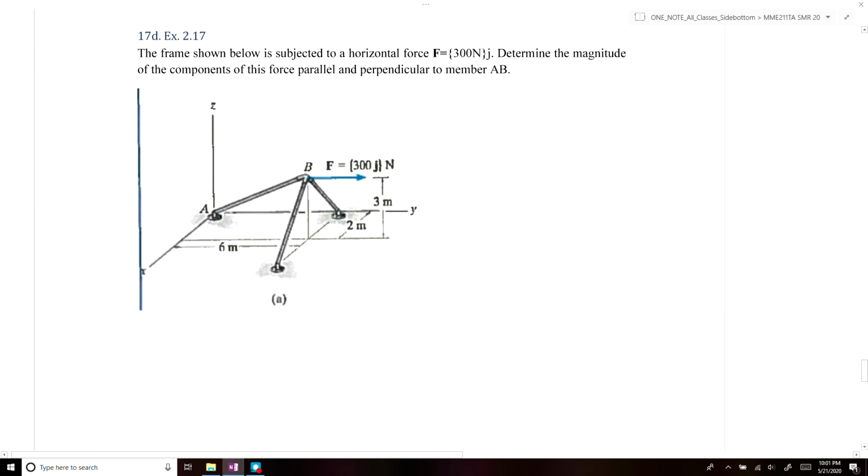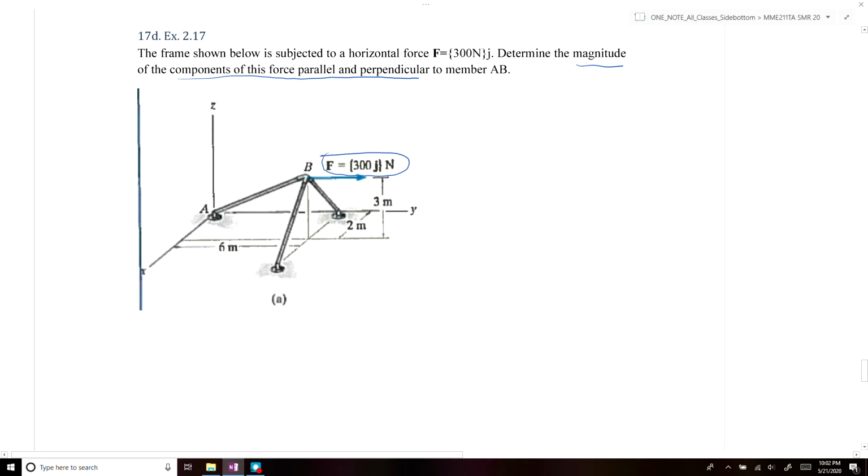In this example problem, we're given a small frame that's supported at 3 points, and we're asked to determine the magnitude of the components of the applied force at point B of 300 newtons.